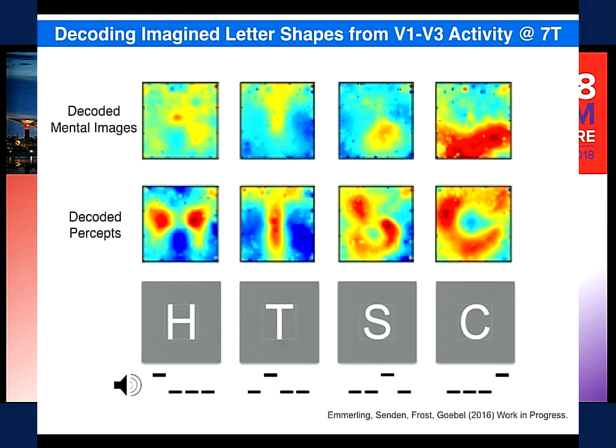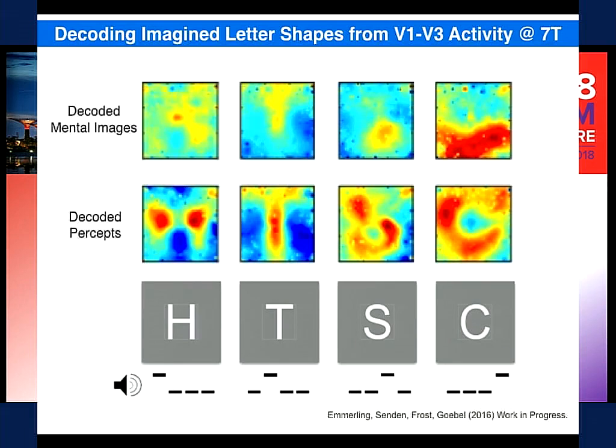But we use some fancy methods like deep learning methods, autoencoders, to let the networks, so-called deep learning networks, learn from these representations. So when people see these letters, we tell the deep learning network that this brain activity corresponds to representations of this letter.